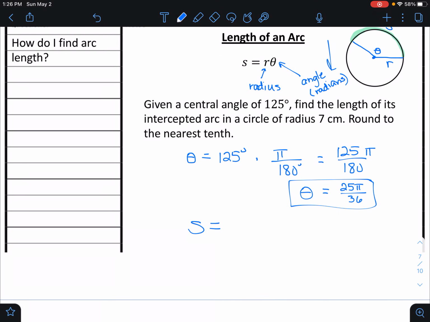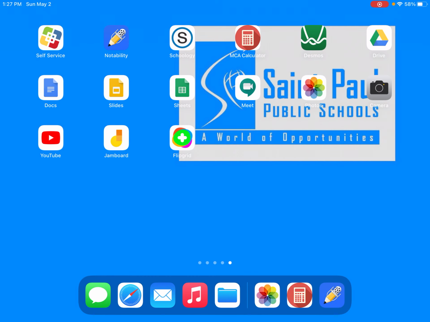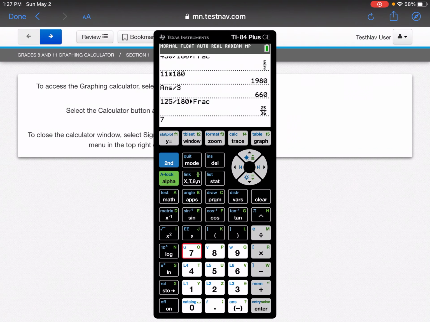So now I'm just going to say my radius, they tell me is 7, and I'm going to multiply that by 25 pi over 36. And that will tell me how long the arc is. So let's do that. 7 times 25, and you want to use the pi button, so it's above the caret, so I'm going to do that, divided by 36, and see what you get.